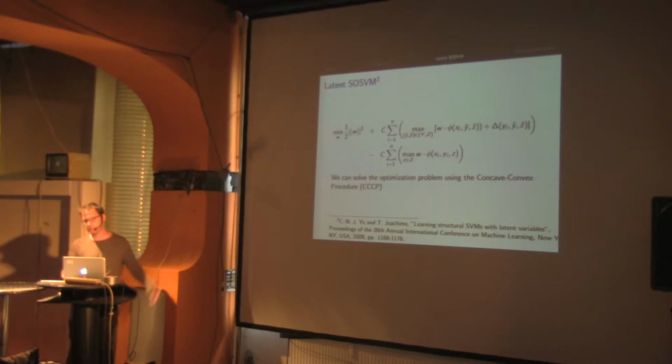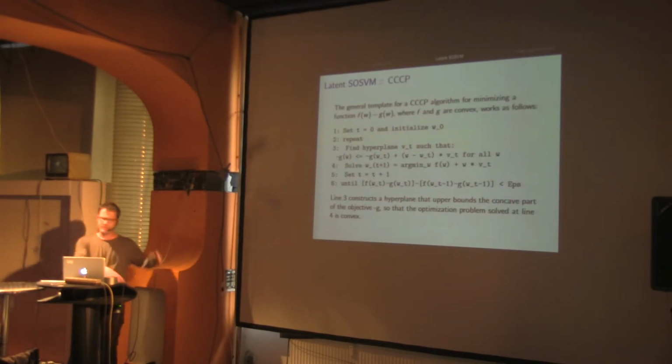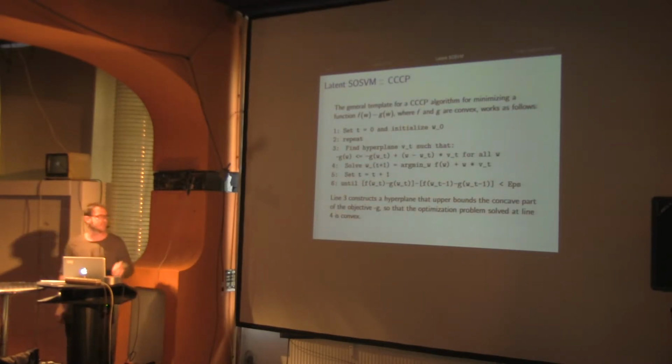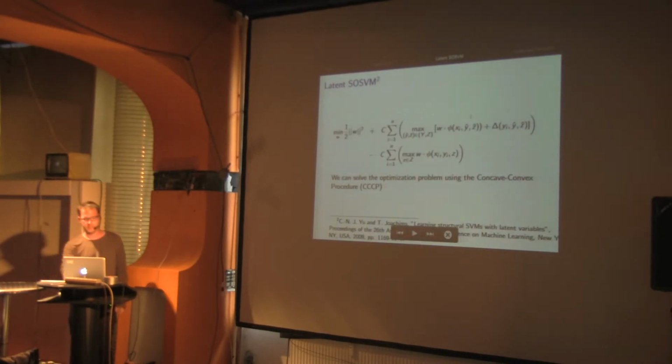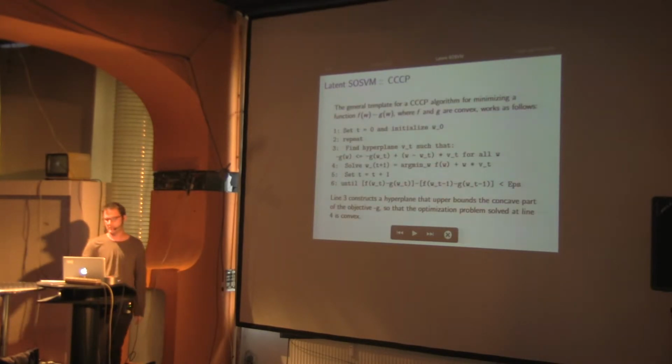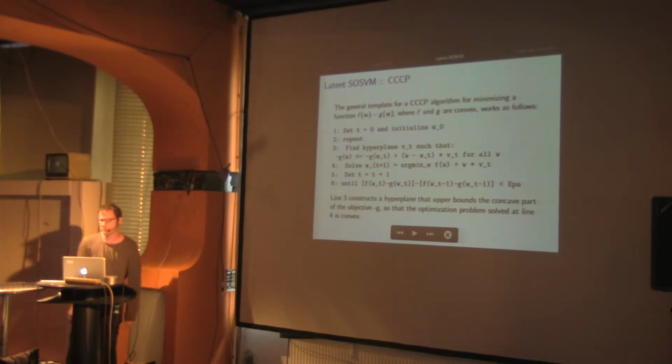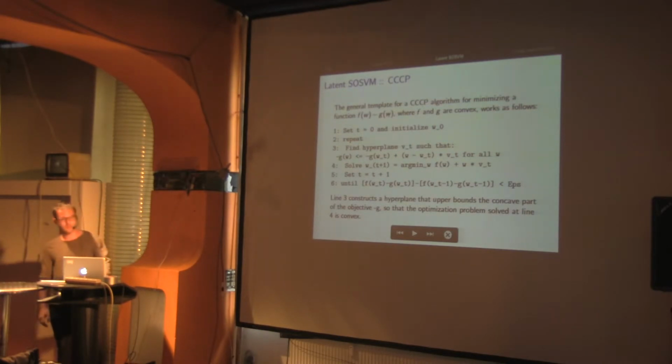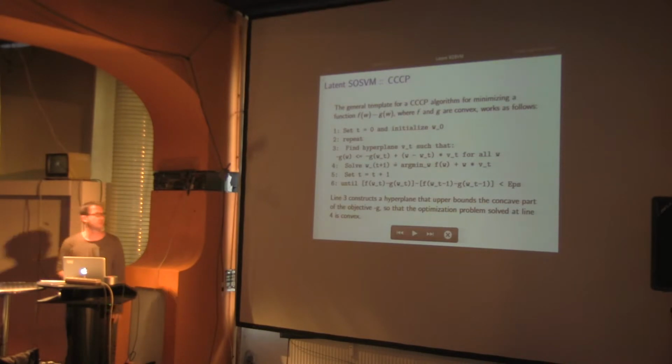One way of doing this is the convex-concave procedure, it's here. I will not go into it. Basically, as you saw here, this is F in the next slide, and this is G, and both are functions of W, your weight vector. You go through this procedure and then you construct your final W. It's an iterative procedure until an epsilon is met.